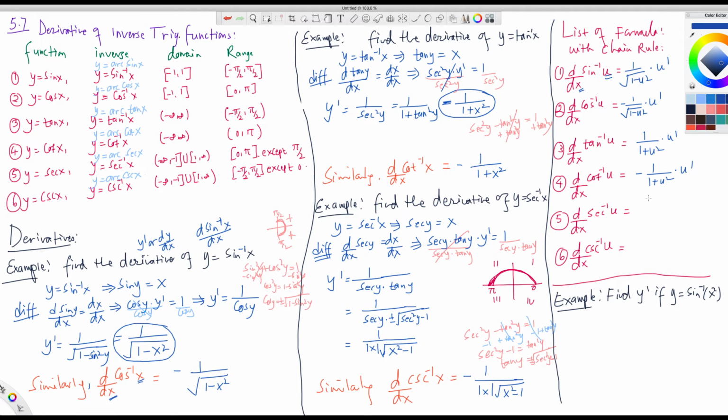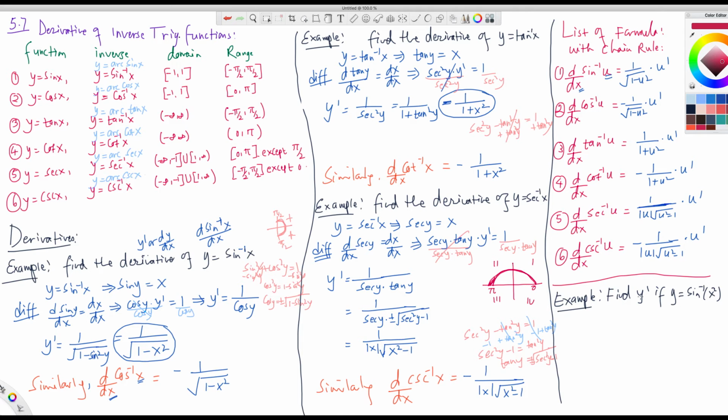This will be 1 over absolute value of u under the root u square minus 1 and then times u prime. I'm just replacing x by u there, right? And then negative 1 over absolute value of u under the root u square minus 1 times the u prime. So these are the formulas. Okay, so we will be using these formulas to find the derivative of any inverse trig functions.